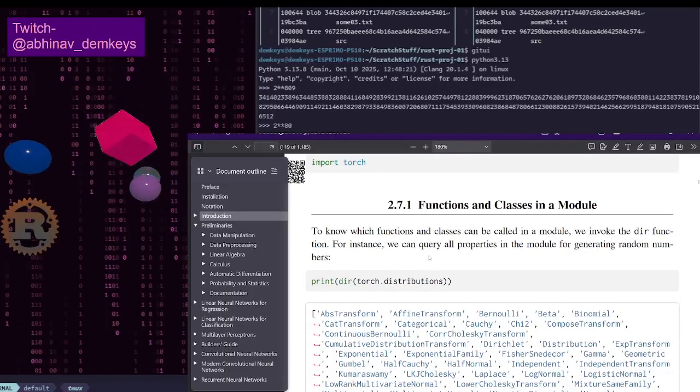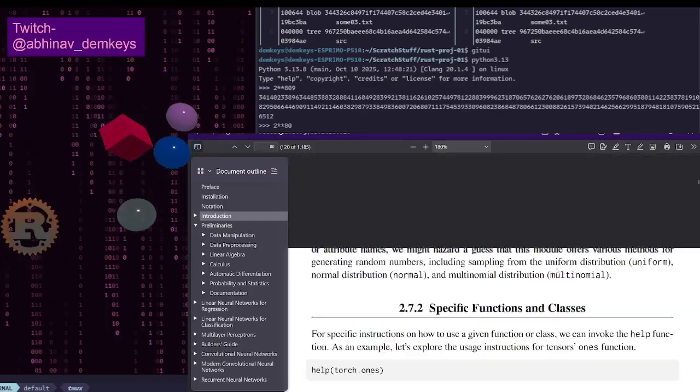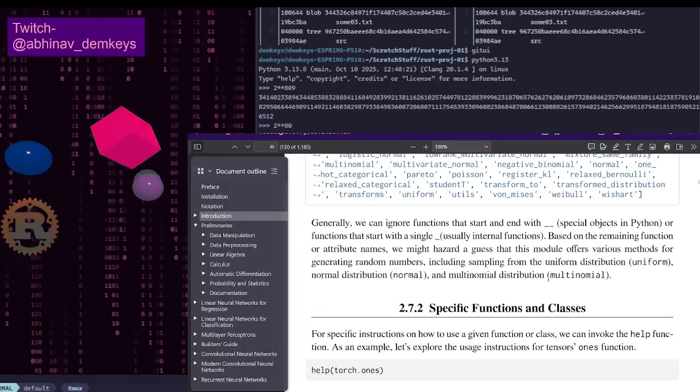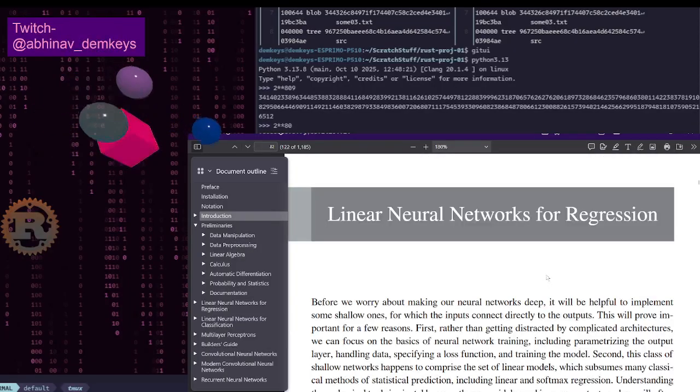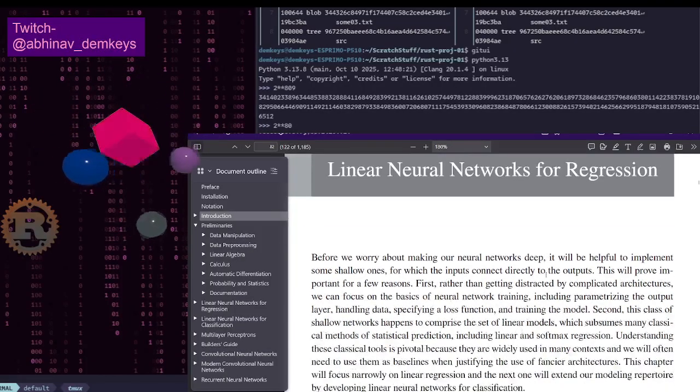To know which functions and classes can be called in a module, we invoke dir. Oh, they're just teaching us how to explore the API. Specific functions and classes. Okay, yeah, great. That's our basic Python.